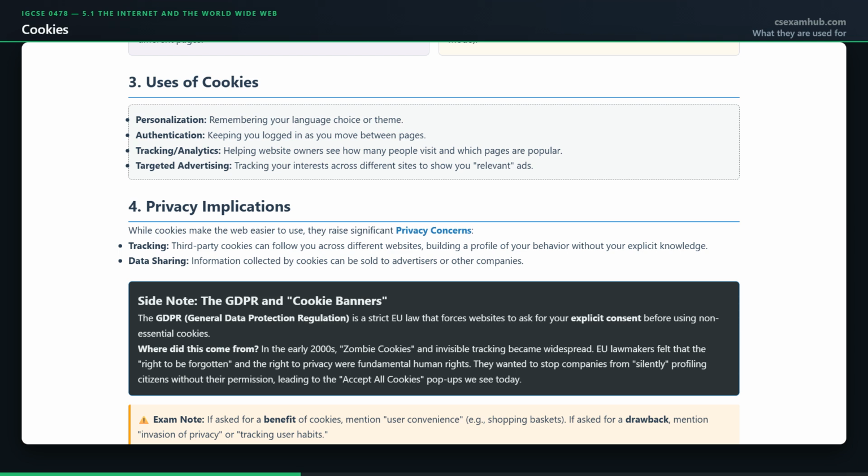And notice what unites the first four. They all solve the same underlying problem. HTTP is stateless, each request to a server is independent, and the server has no memory of the previous one. Without cookies, a website could not tell that the person loading page 2 is the same person who loaded page 1. Everything cookies do is a consequence of adding memory to a system that was designed without any.